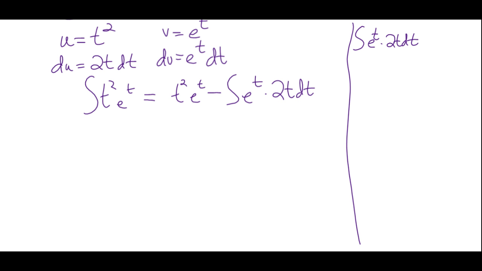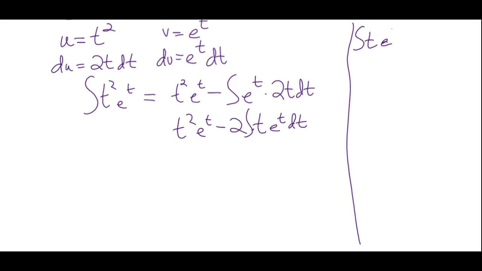Right? Well, actually, hang on. Let's get rid of the 2. Let's put the t in front. t e to the t dt. All right, so that's what we want to work out here, right?